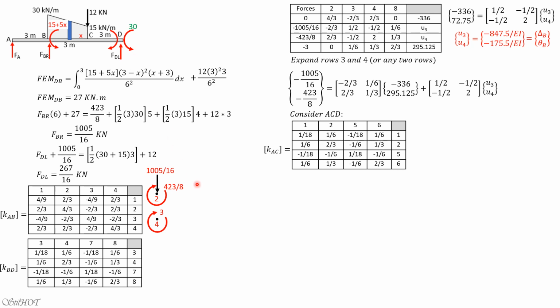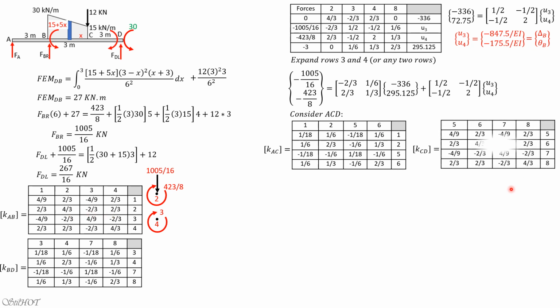Then KCD, since the span is 3, will be the same as AB. So let's copy K of AB, but the numbering is different. It is 5, 6, 7, 8 for CD.